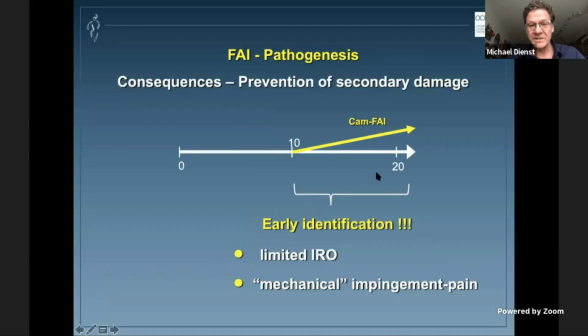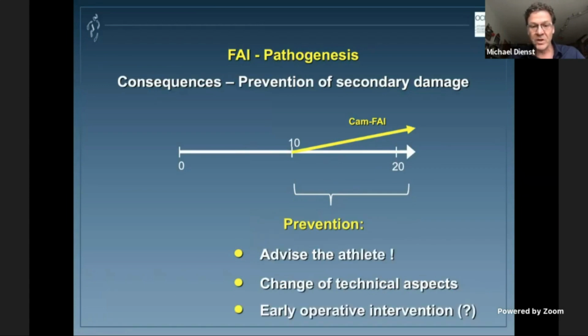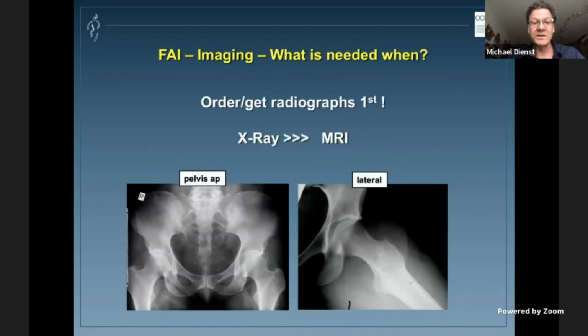So it's very important for us to identify cam FAI very early in order to advise athletes, maybe change technical aspects of their sports, and maybe think of early operative intervention.